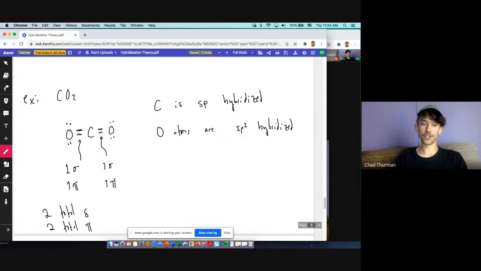Each of these oxygens is capable of forming 1 double bond because it's got 1 leftover unhybridized p orbital. It only used 2 of its p orbitals for hybridization. It's got 1 left over for a double bond. The carbon has two leftover unhybridized p orbitals. One of those is used to make this pi bond over here. The leftover one is used to make this pi bond over here.